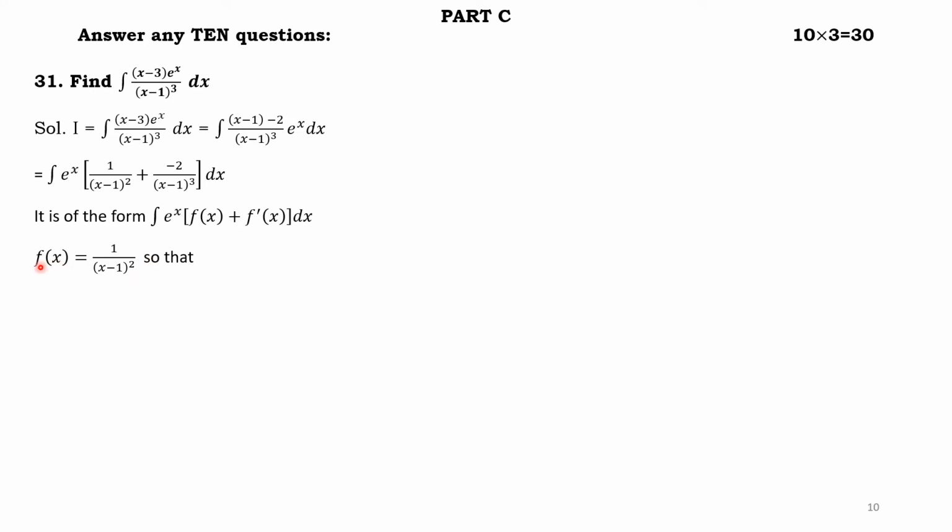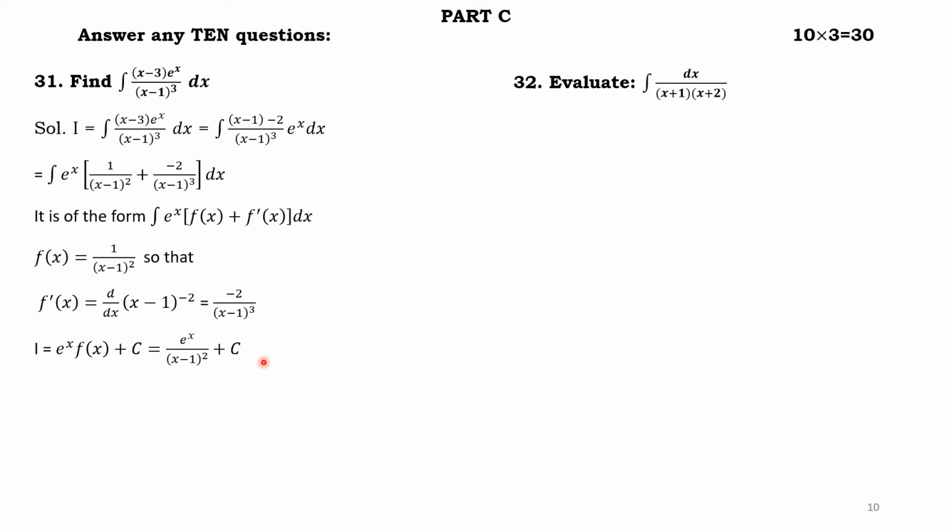Therefore, f x is equal to 1 by x minus 1 whole square. Therefore, f dash x is equal to d by dx of x minus 1 whole square, that is equal to minus 2 over x minus 1 whole cube. Therefore, I is equal to e to the power of x f x plus c, that is equal to e to the power of x divided by x minus 1 whole square plus c. That is the answer.